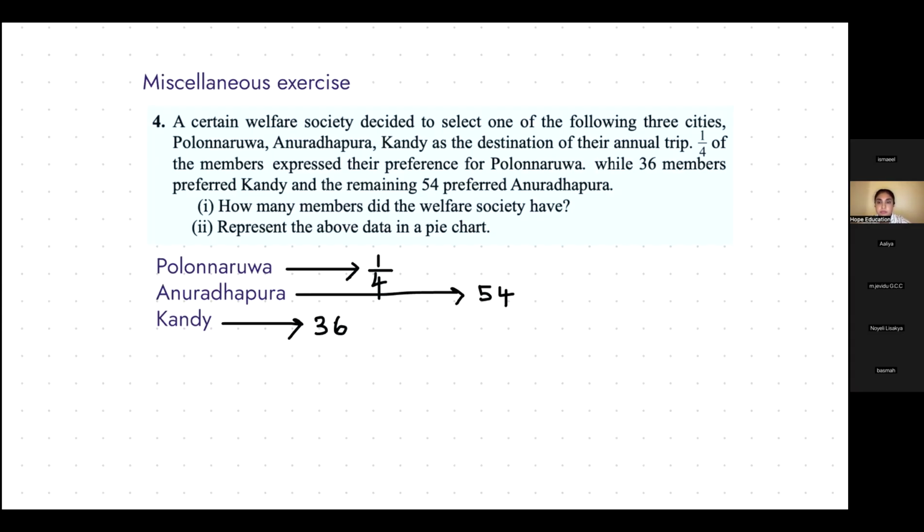Then I divided 90 by 3 and got 1/4 equals 30. That means the whole total is 120. Correct. Final answer is 120 and that is the approach.